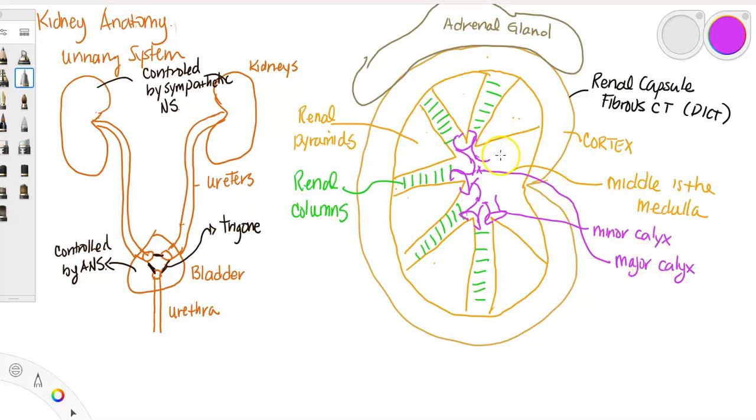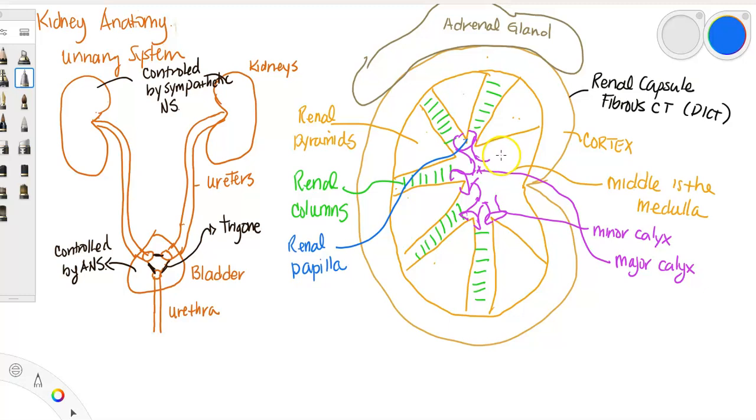The little spout here where the urine drips out, right here, that is called the renal papilla, or papilla, however you want to call it. And it's like a little nipple, and it just drips out there.